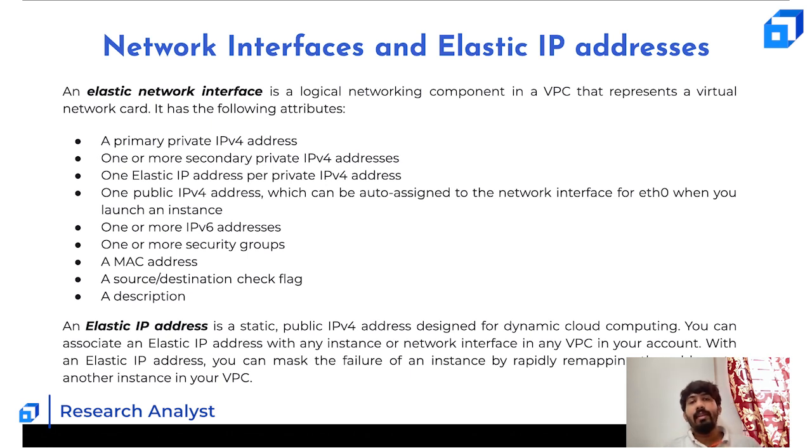To put it very simply, let's say you have two EC2 instances running. Both of the EC2 instances have the same application running inside of them. Now let's consider we have not attached any Elastic IP address to this. So this particular instance will have a different public IPv4 address, and the second instance will have a different public IPv4 address.